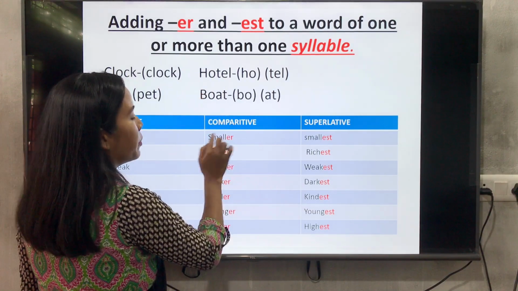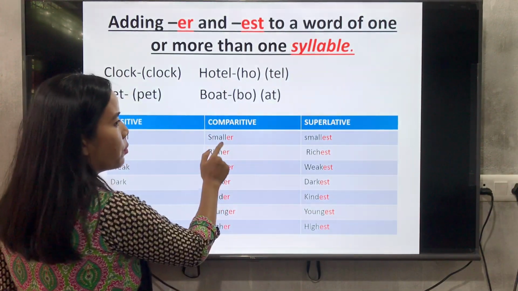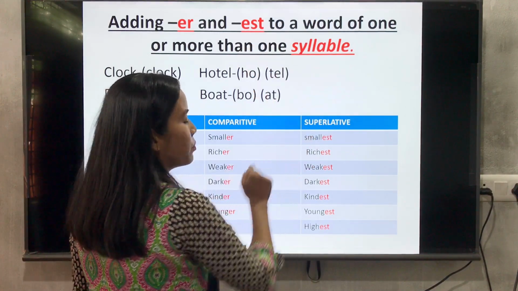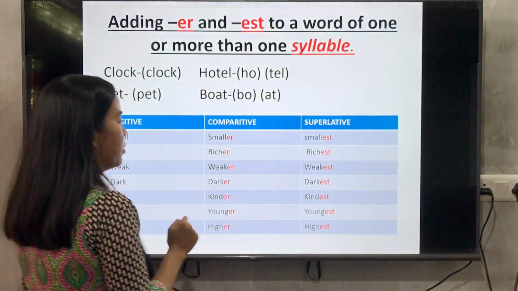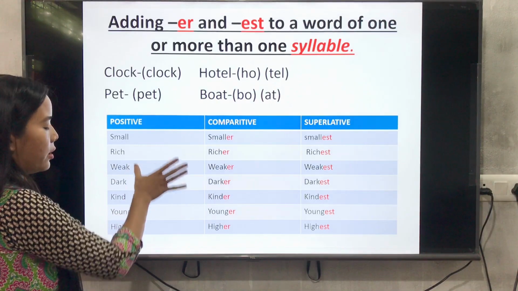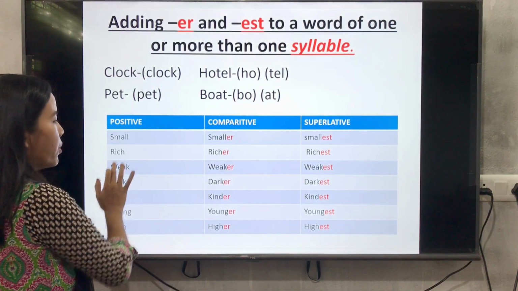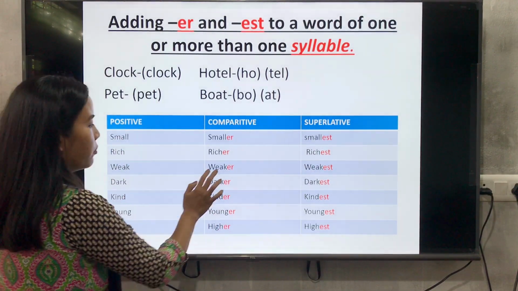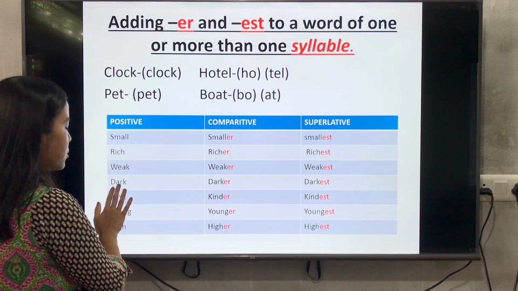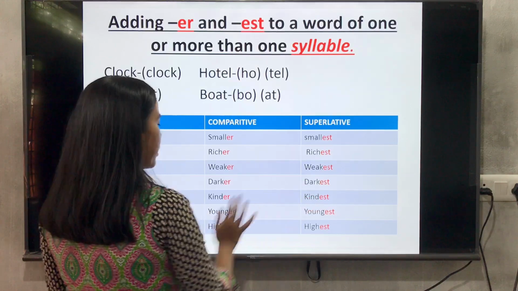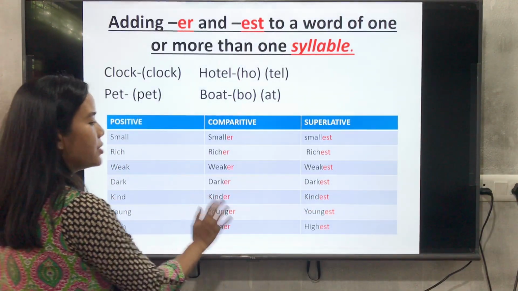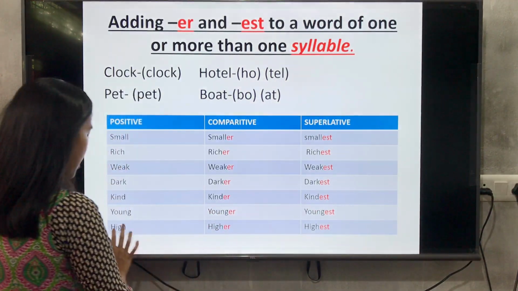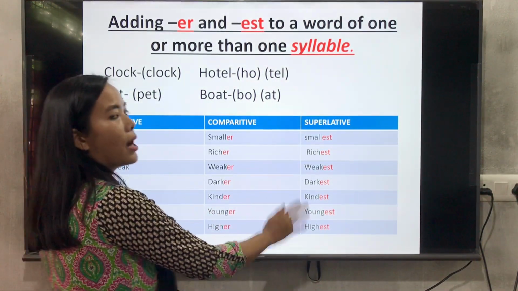Add ER to make it a comparative degree: smaller. Next, smallest, we have to add EST to make it the superlative form of degree. In the same way, here I have given you a few examples: rich, richer, richest; weak, weaker, weakest; dark, darker, darkest; kind, kinder, kindest; young, younger, youngest; high, higher and highest.